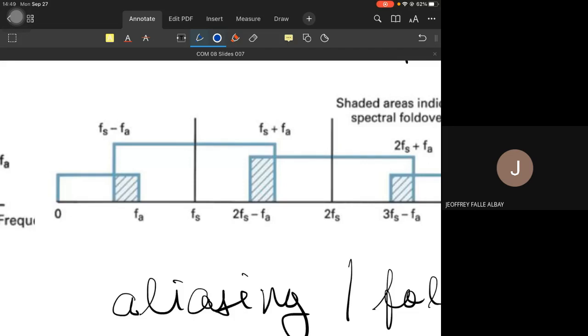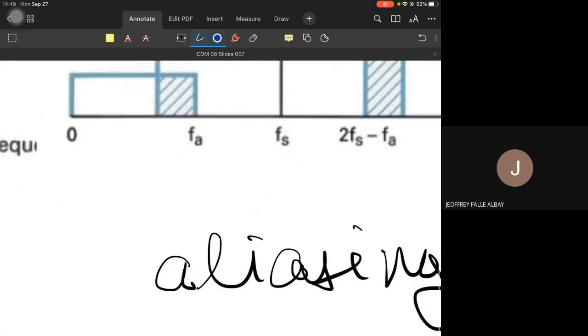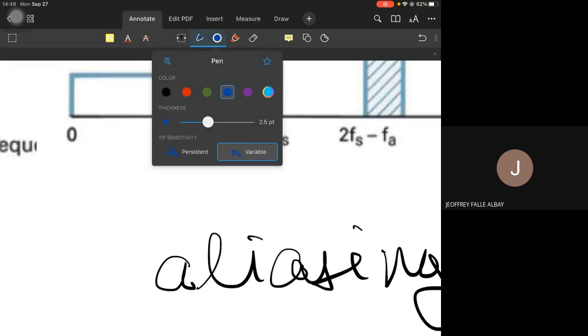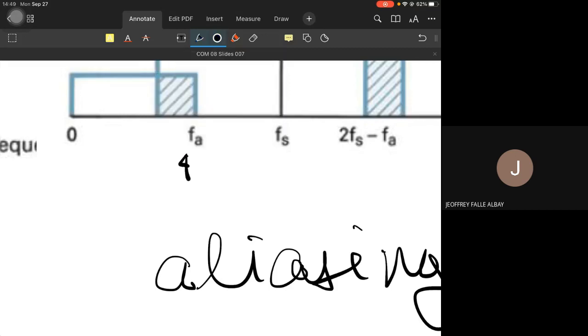Let's say for example our Fa is the same, 4 kilohertz, but our sampling rate is only 6 kilohertz.